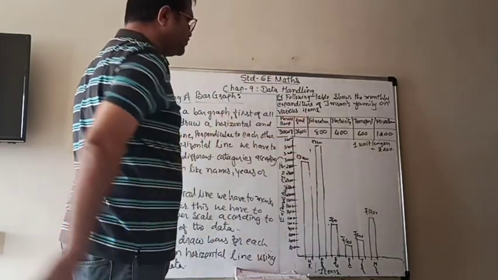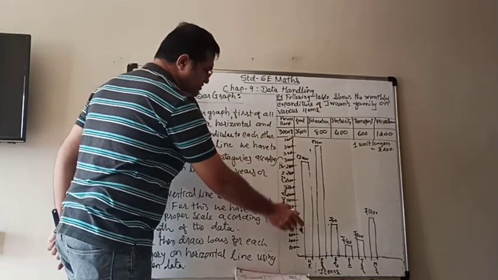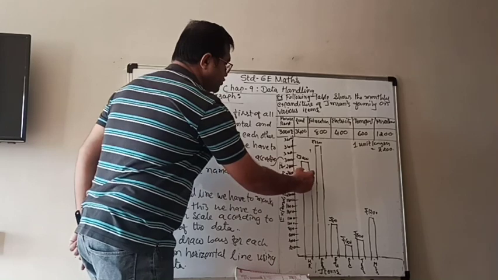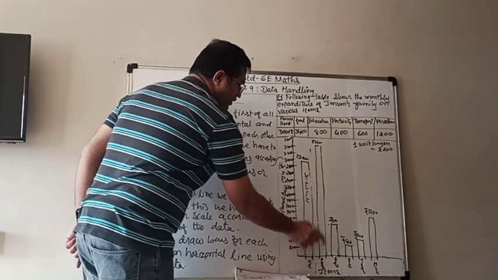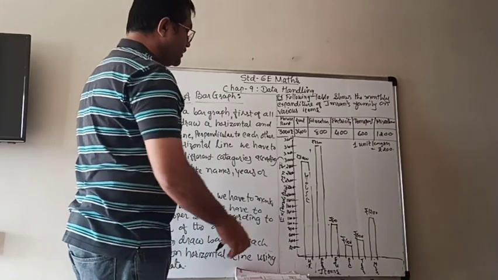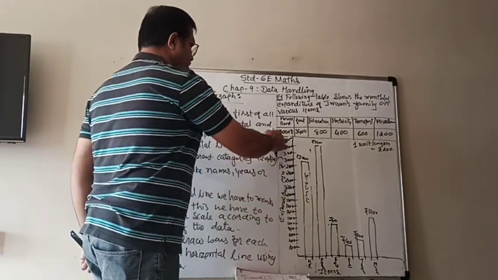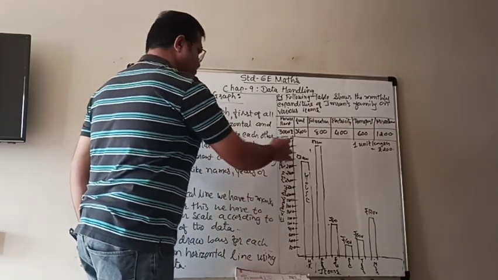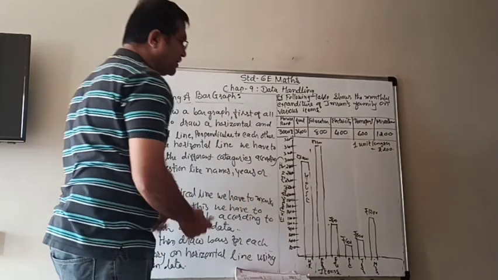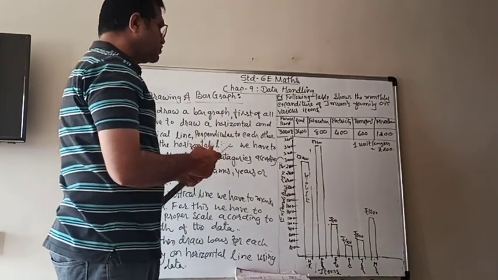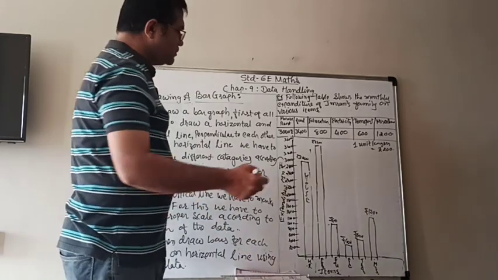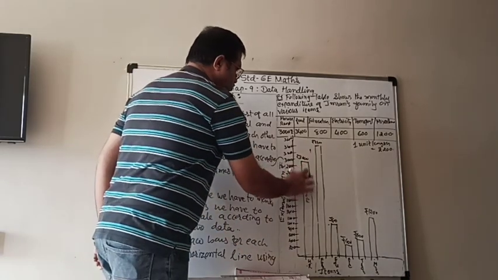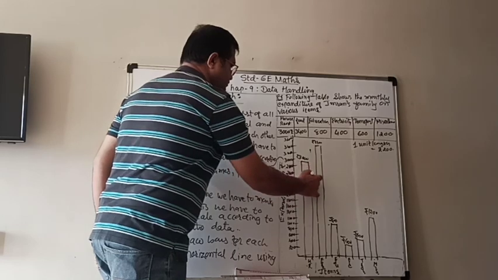After finishing it, you can write down the name inside also, like house rent. Even if you don't write it inside, at least one should be here. Here you write the expenditure, and here you write the items, and then you can draw the bar graph. Now you can do the decoration.